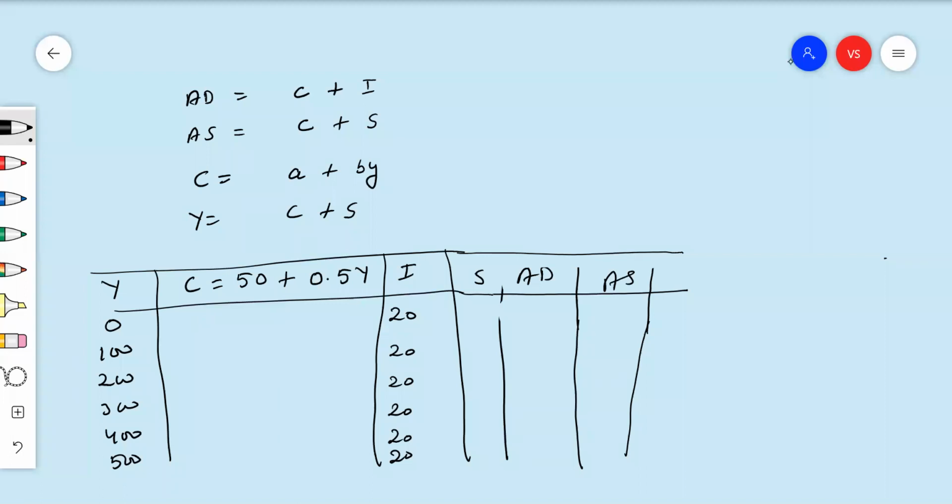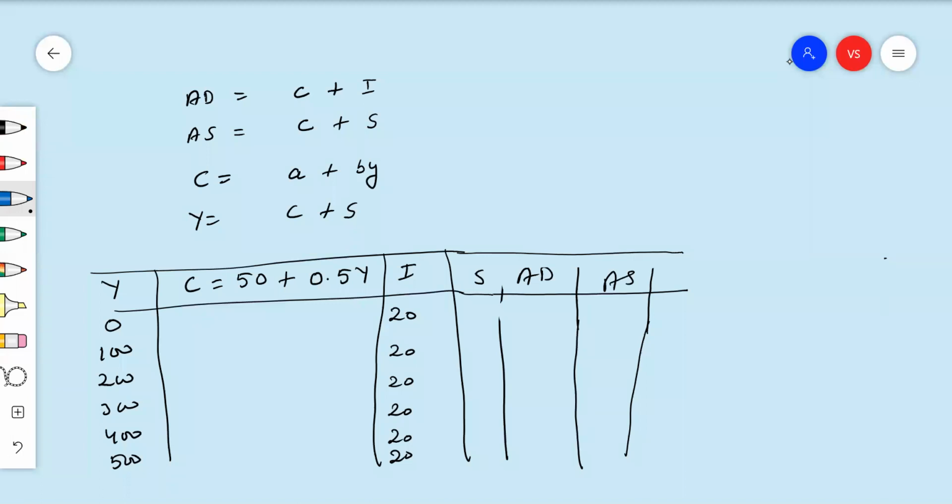So look students, I hope you have completed this question till now. If you are unable to solve it, look how it can be solved. First of all, you need to use this function to get your consumption.